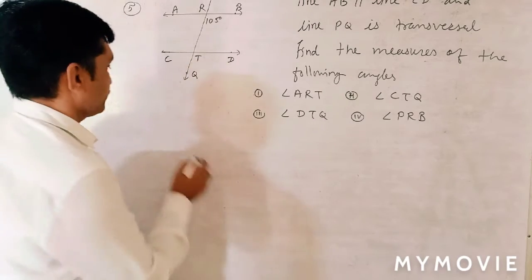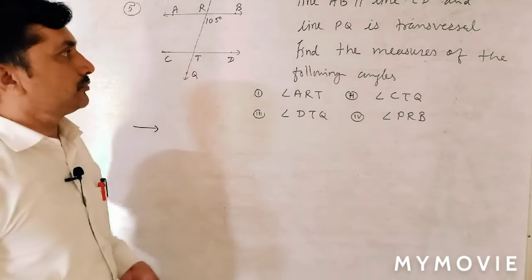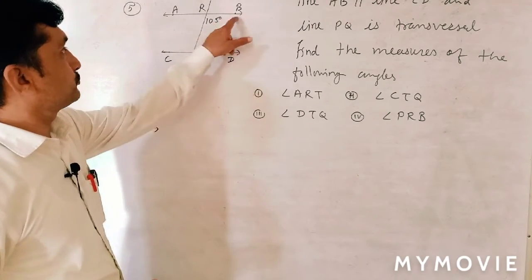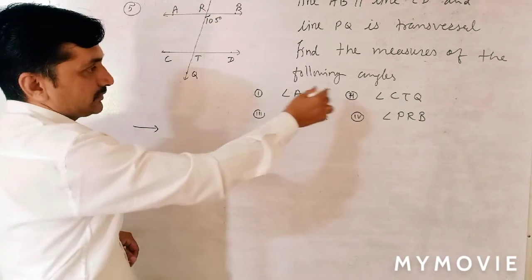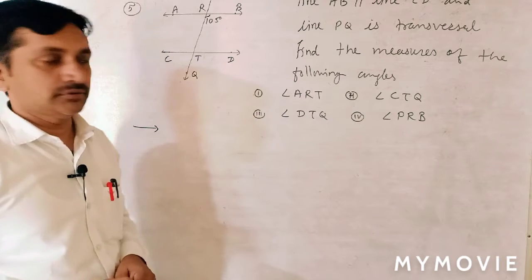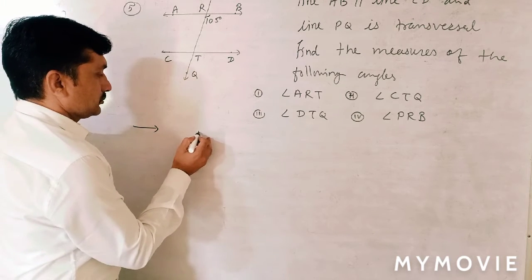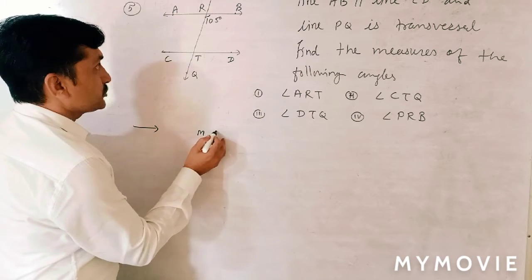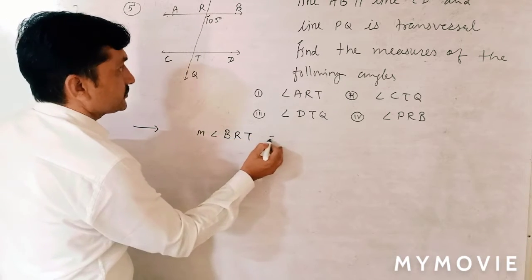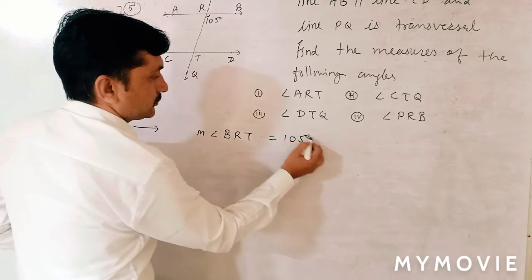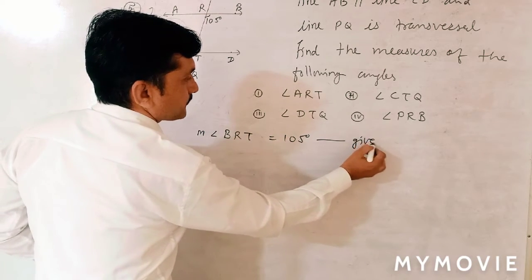Number 5. The measure of one angle is given here, BRT is 105, and by using this find these 4 angles. Measure of angle BRT is equal to 105. This is the given angle.